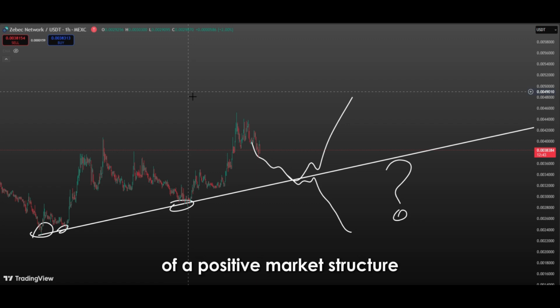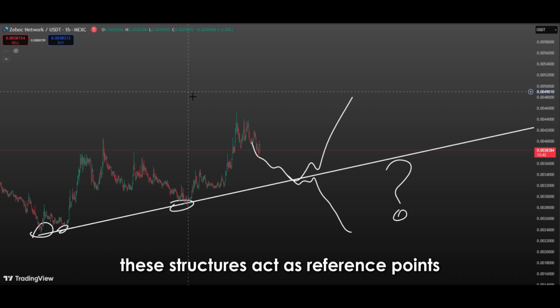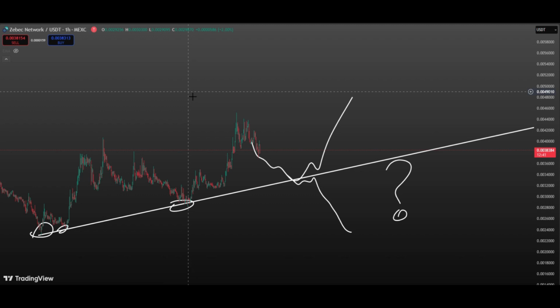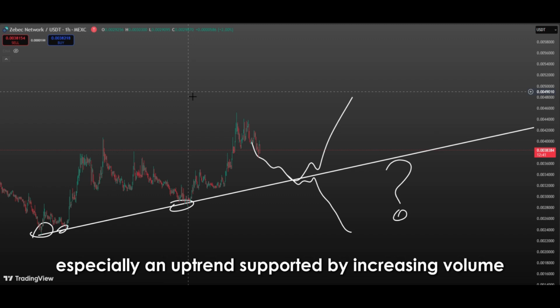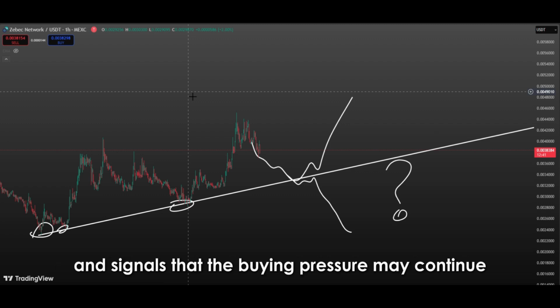It should also be noted that rising trend lines are critical not only for short-term, but also for medium and long-term investors. These structures act as reference points for determining the overall direction of the market. Especially an uptrend supported by increasing volume gives investors more confidence and signals that the buying pressure may continue.